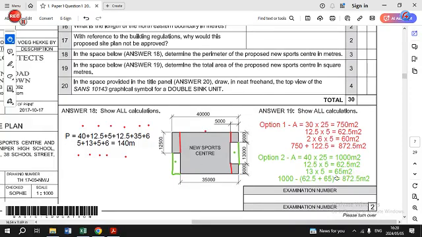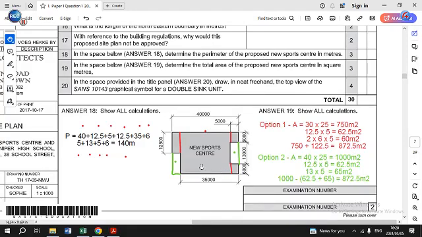These two are added and then subtracted from the 1000, which is the whole, and you will find a total area of 872.5 square meters, which is similar to that. So whether you use option 1 or option 2, both result in the same answer. You can decide.